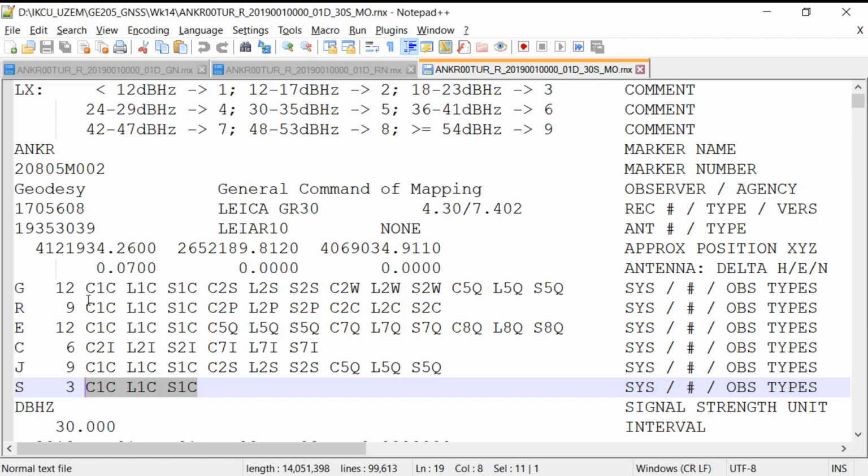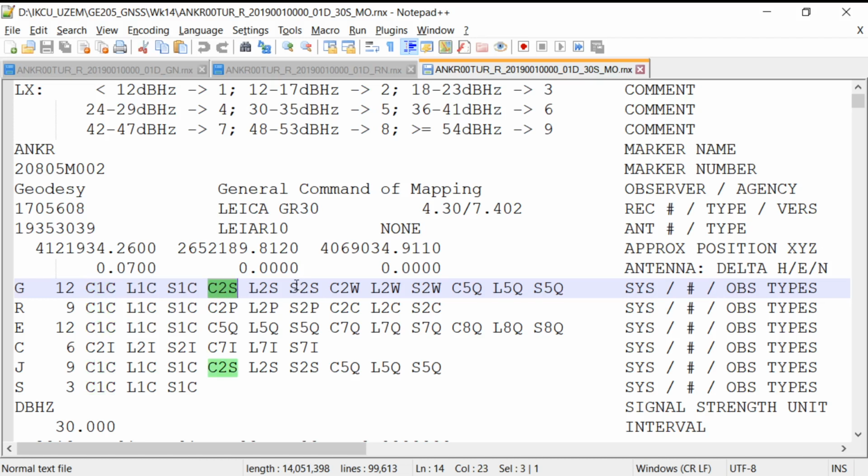For example, if we take the GPS system, we can see in 4 blocks 12 types of information. So C1C, for example, if you look at the RINEX description, which is provided in this week's repository, all those beginning with C denote the pseudo-range observations.